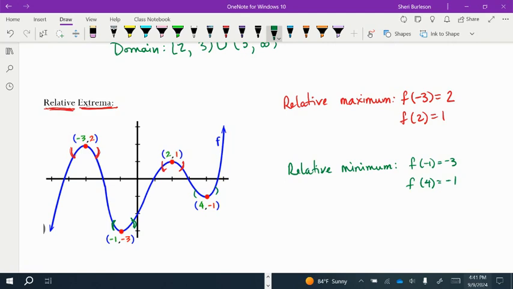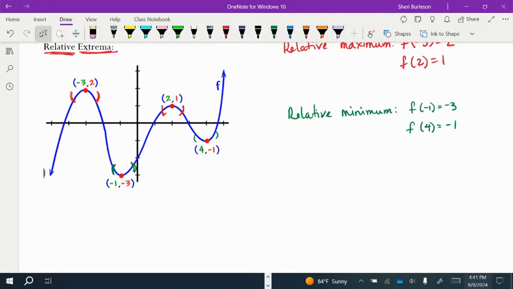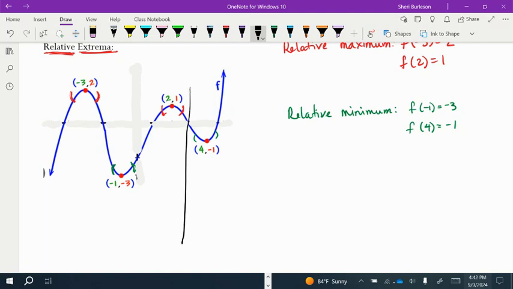If my graph was changed and I moved my axes, so that this is no longer the x and y axis and now my x and y axis are here and here, then my relative minimums would also be positive numbers because this y value is now above the x axis, as is this one.